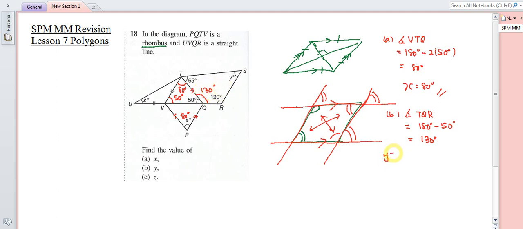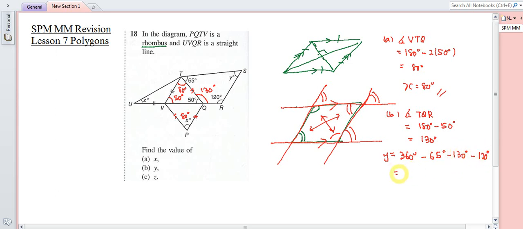So y will be equal to, so this is 1, 2, 3, 4, a four-sided quadrilateral. So the sum of the interior angles for a quadrilateral will always be equal to 360. 360 minus 65 minus 130 minus 120.